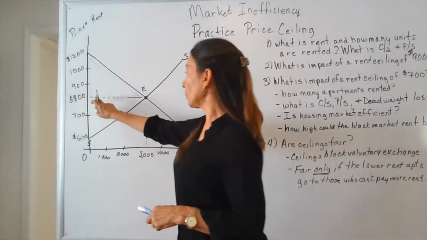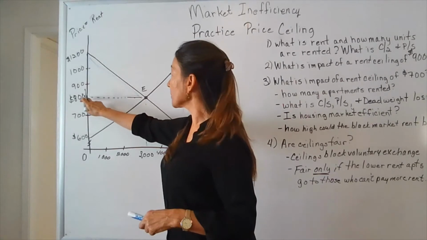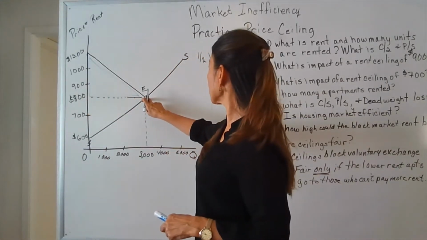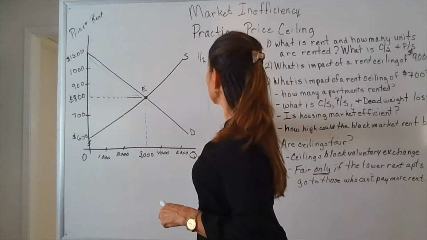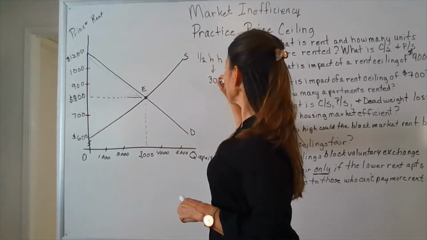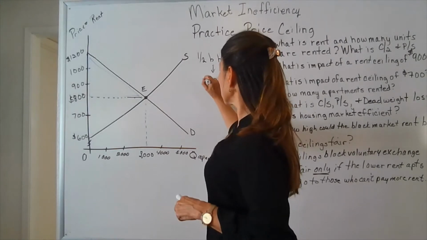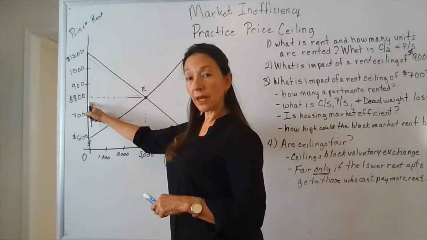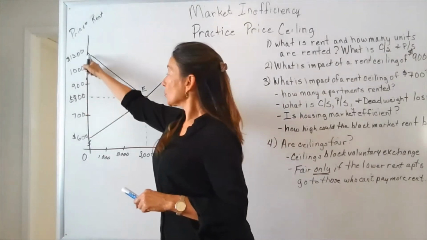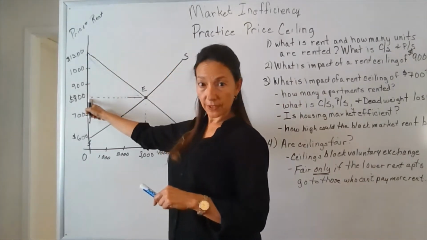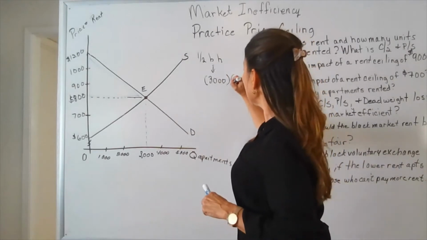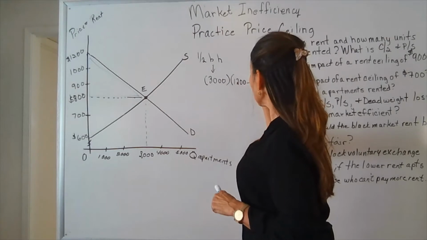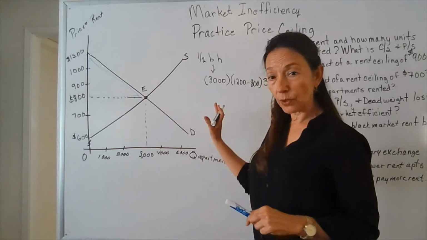So the base is equal to 3,000. The height is from 1,200 to 800. So 1,200 minus 800 gives us 400.